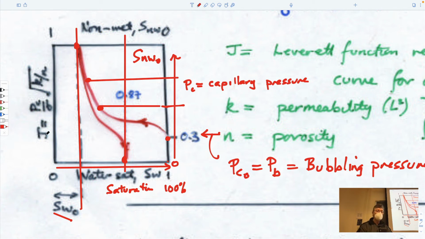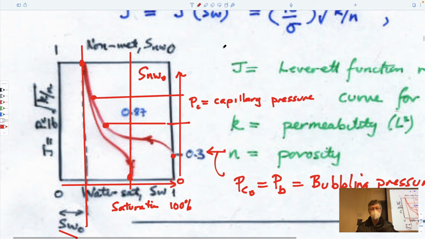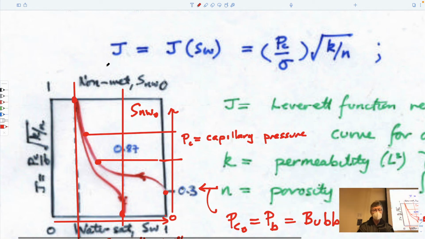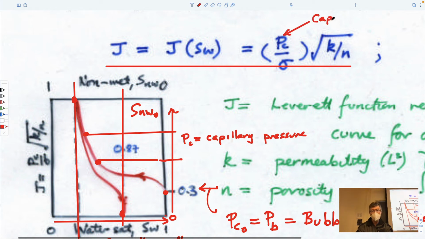What we could do is take the capillary pressure and divide it through by some parameters, to make it into a non-dimensional number, and that non-dimensional number defines the so-called Leverett curve. This will be capillary pressure, this will be porosity, I think these are defined in this thing.